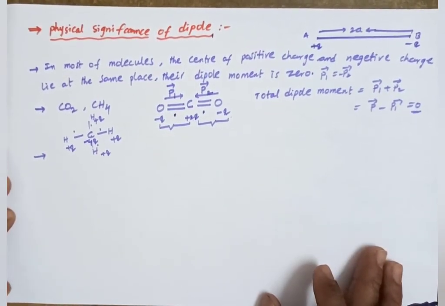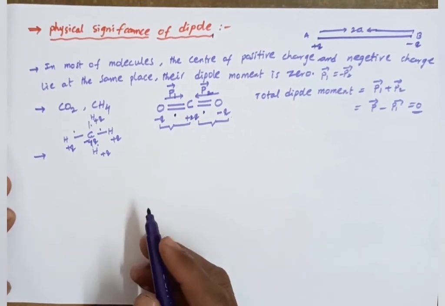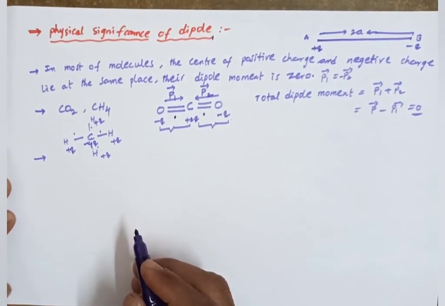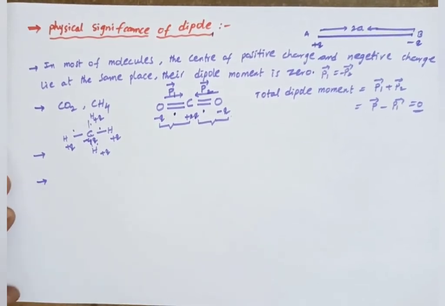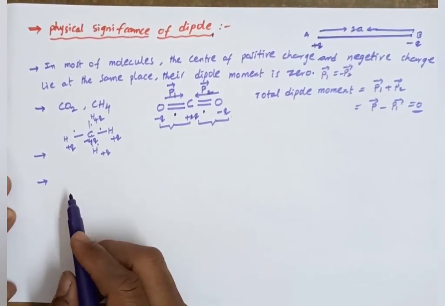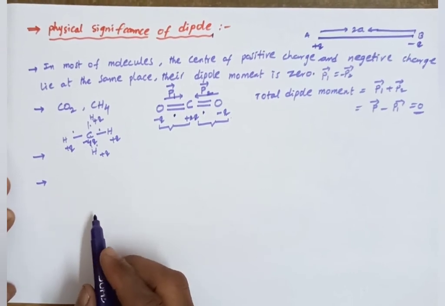But carbon dioxide and methane are types of molecules. They can develop a dipole moment when an electric field is applied.